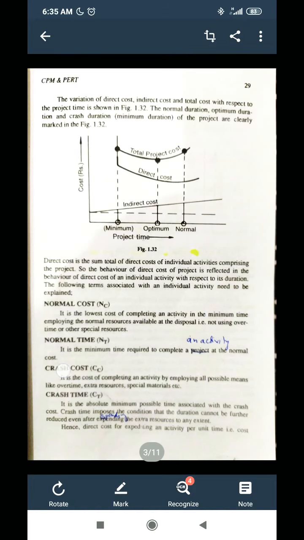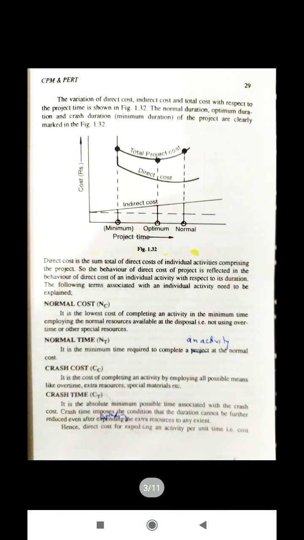Now the next is crash cost. It is the cost of completing an activity by employing all possible means like overtime, extra resources, special materials. We can complete a particular activity in less than the normal time, but then we will have to employ a certain amount of extra material, special equipment, extra labor, so that will increase the cost. So crash cost is always higher than normal cost.